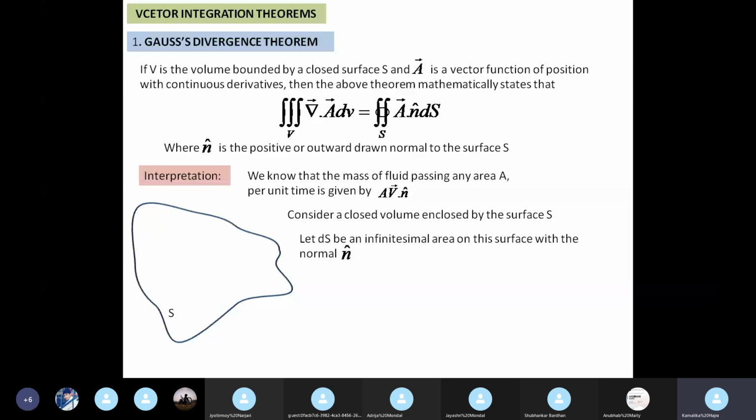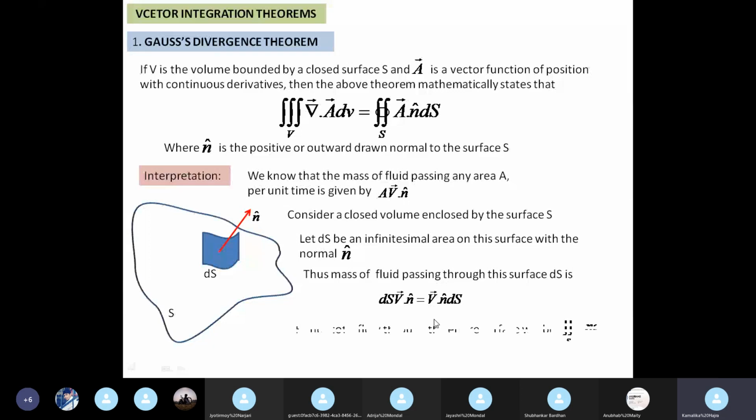And we denote dS to be an infinitesimal area on this surface with the normal n cap. So dS is again an infinitesimal area, and on this we have the normal n cap. So the mass of fluid, according to this formula, passing through the surface dS will be area multiplied by v dot n cap, so dS into v dot n cap, or v dot n cap dS.